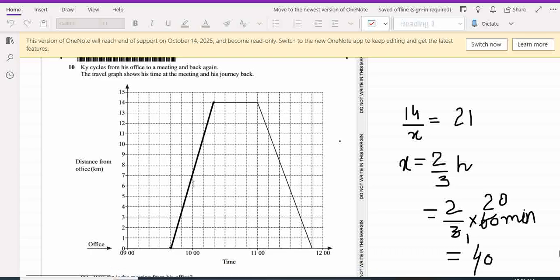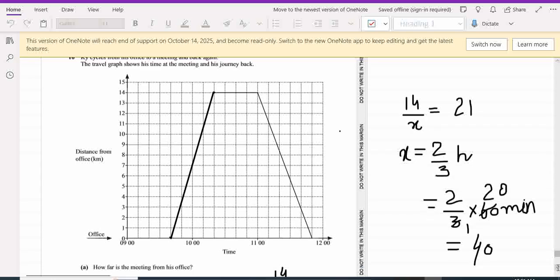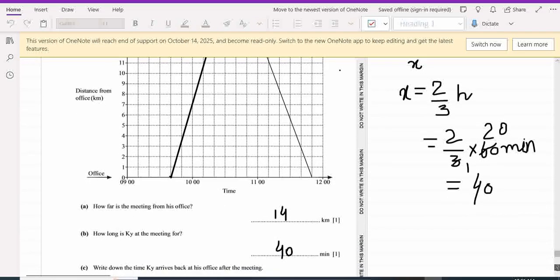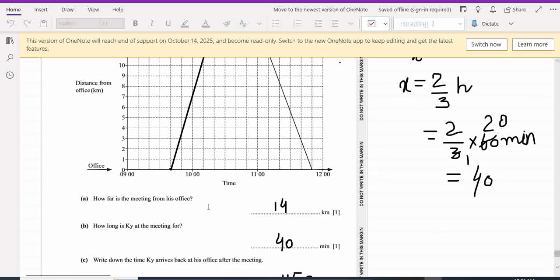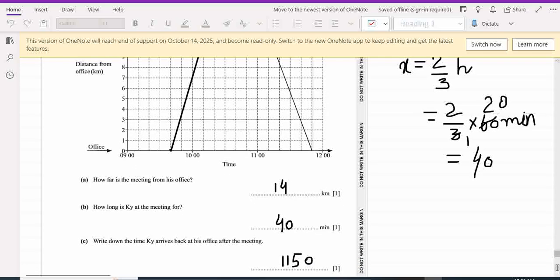Okay, this is the 14 kilometer mark, and this is his office. So this total distance is 14 kilometers. So the answer for the first part, which asks how far the meeting is from the office, is 14 kilometers.